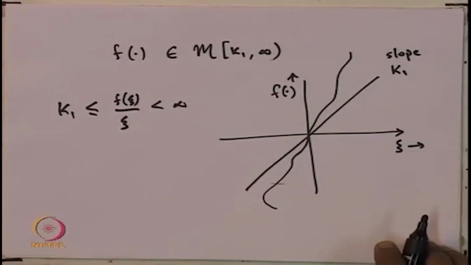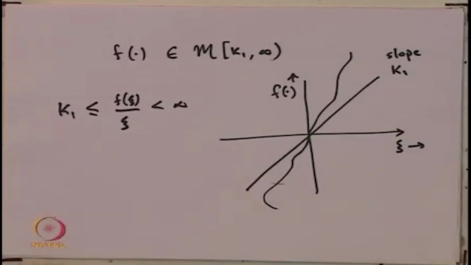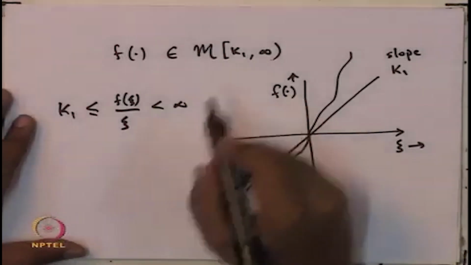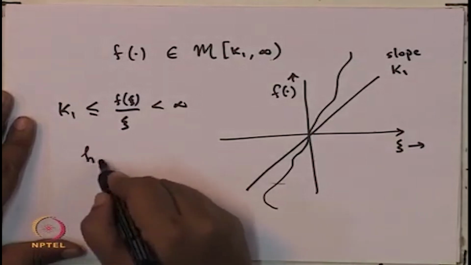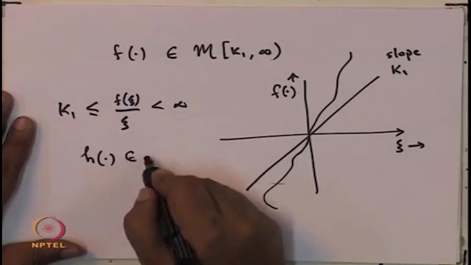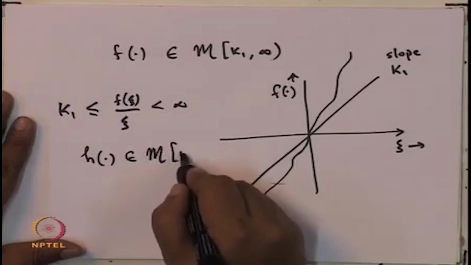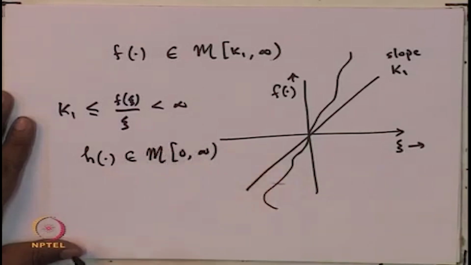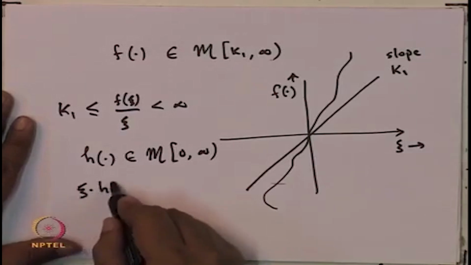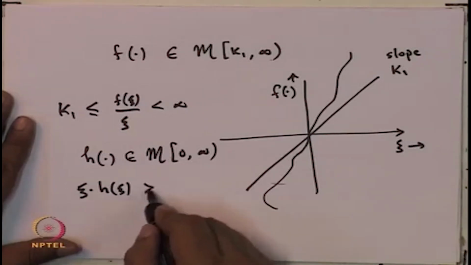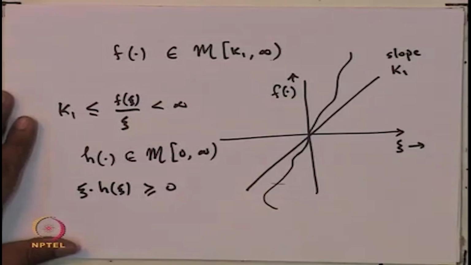Now, how does one convert this into a nonlinearity in the 0 infinity sector? Well, if you have a nonlinearity in the 0 infinity sector, then the following is true: psi times h of psi is greater than or equal to 0.